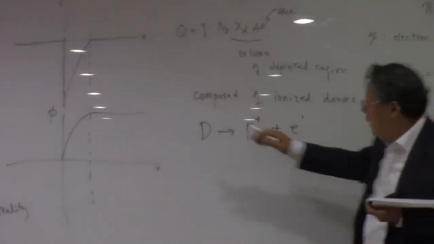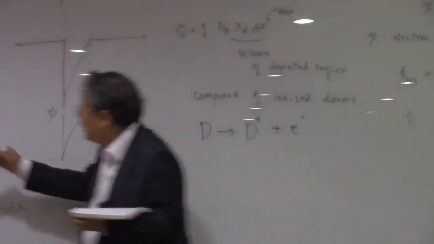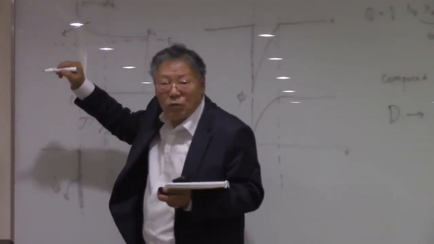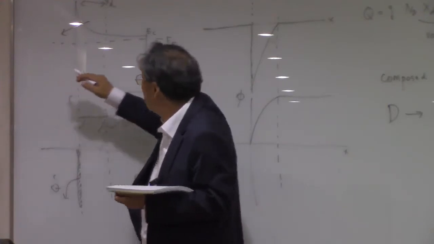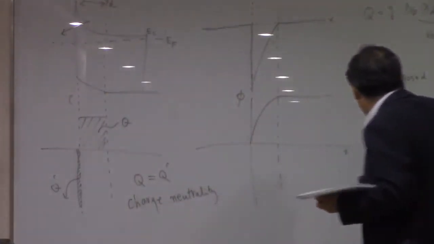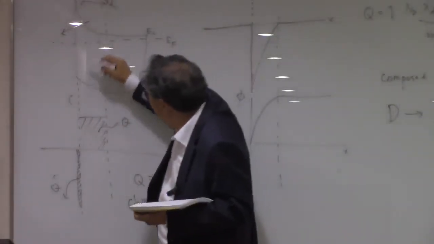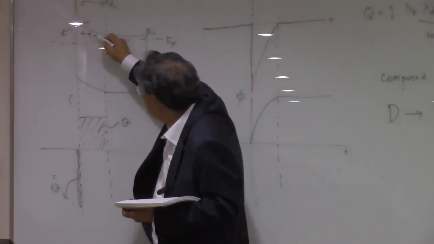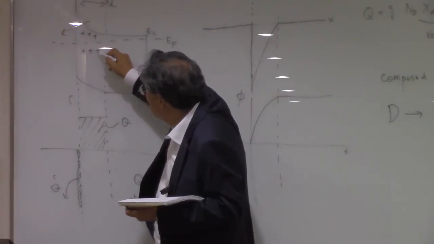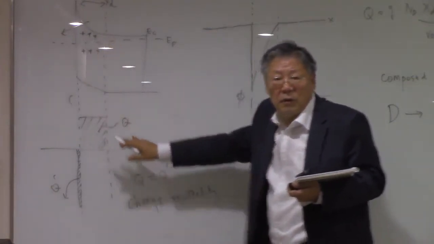So at this junction, the electron is going to be deprived, moved to the metal, so that in this depletion region, only positively charged ions are going to be there.